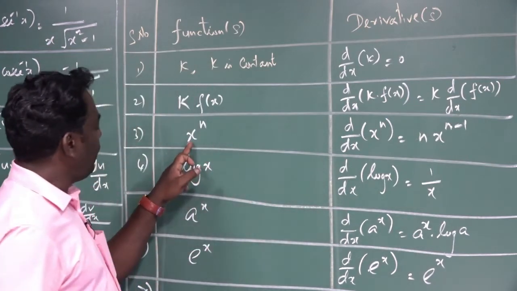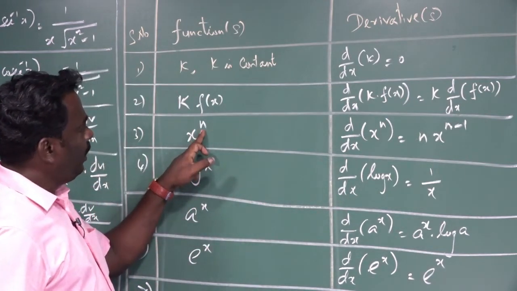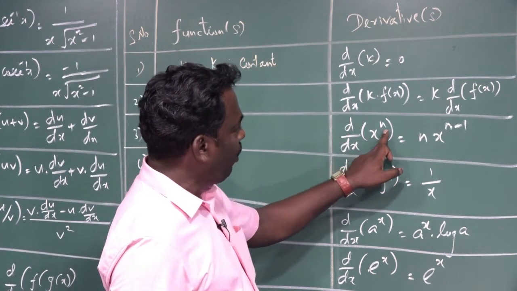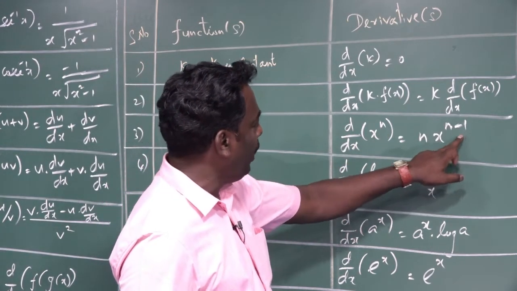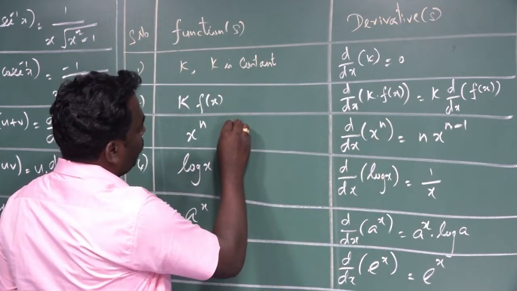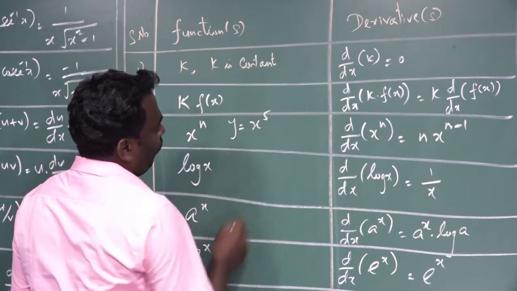Next, the function x power n. The corresponding derivative, d by dx of x power n, equals n into x power n minus 1. For example, take the function y equals x power 5.